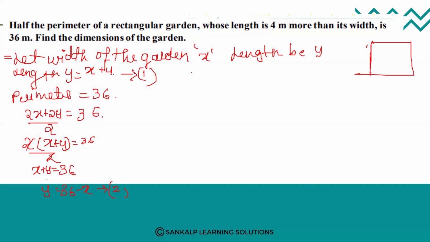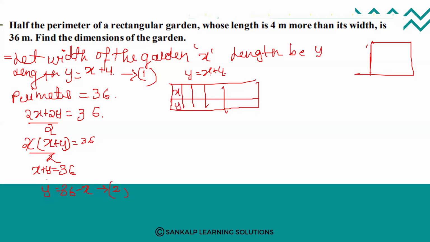So first consider equation number 1, that is y is equal to x plus 4. We'll draw one table. This is x, this is y. If x is equal to 0, what will happen? 0 plus 4 is 4. So x value is 0, y value is 4.